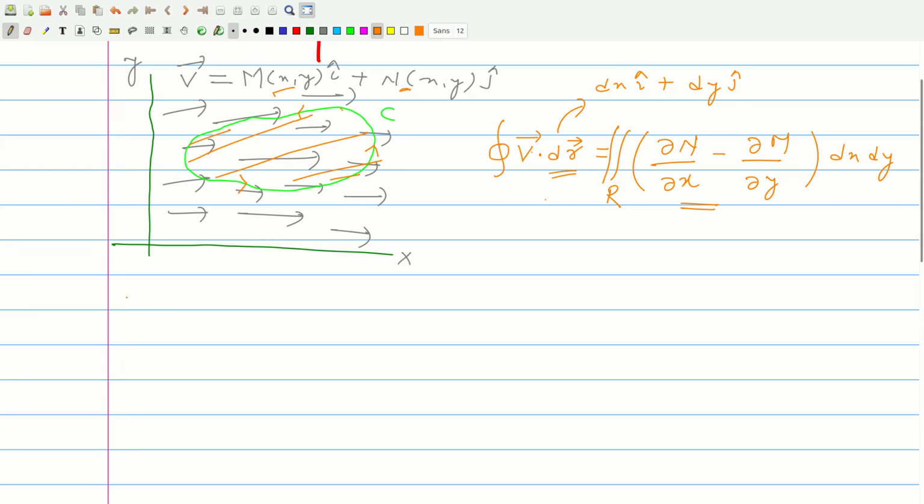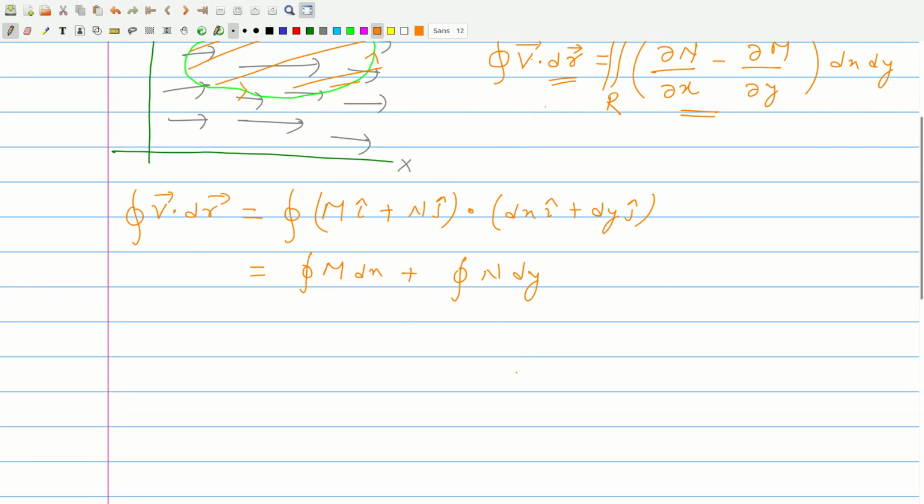When you write this expression in Cartesian form, you get M i cap plus N j cap. This is the expression of V, and the expression of dr is dx i cap plus dy j cap, and from here you will get M dx plus N dy.